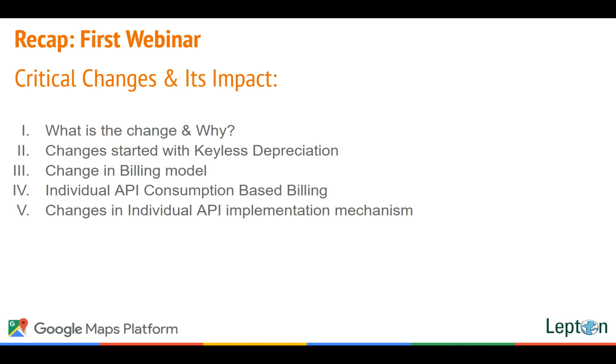What are the changes that are happening in the billing model? How individual API consumption-based billing will be done, and how will you be charged? What are the changes in individual API implementation mechanism, and how you can help you understand what are the changes and what is going to be the impact of those changes. Very high level we covered in that webinar.